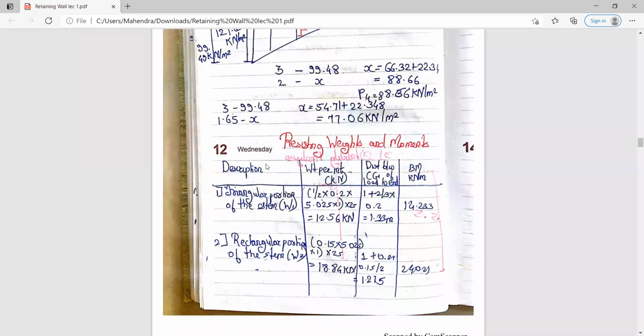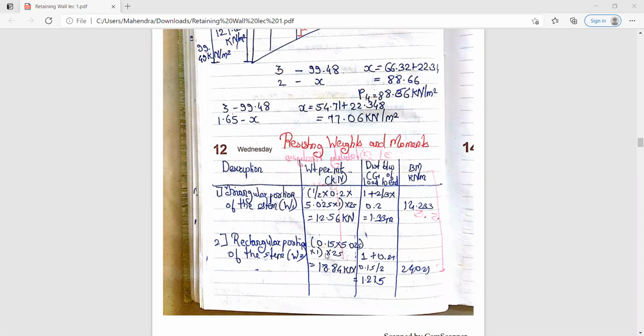Then consider the next part, the rectangular portion of the stem. That is the second part in the diagram, W2. The area of the rectangle is length into breadth, that is 0.15 into the total height of the stem, 5.025.